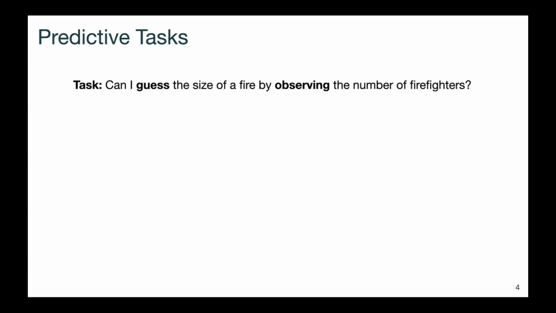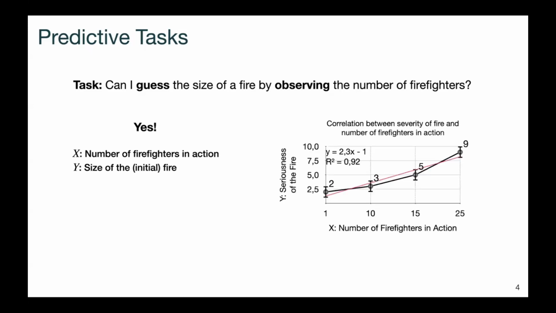So you can guess. You can even collect data. For example, we have two variables: the number of firefighters in action plus the size of the original fire. You can use any statistical tool here, could be even linear regression, and then you see a very high correlation.